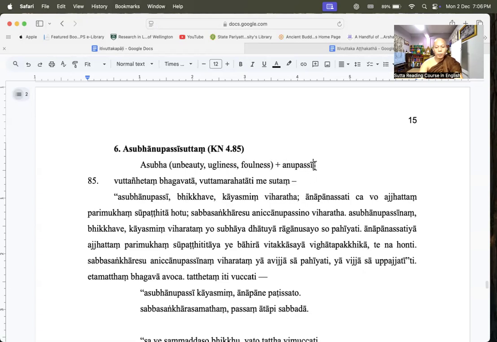Okay. And then Anupassī. Anupassī is actually one who contemplates. Later we will analyze it. One who contemplates.